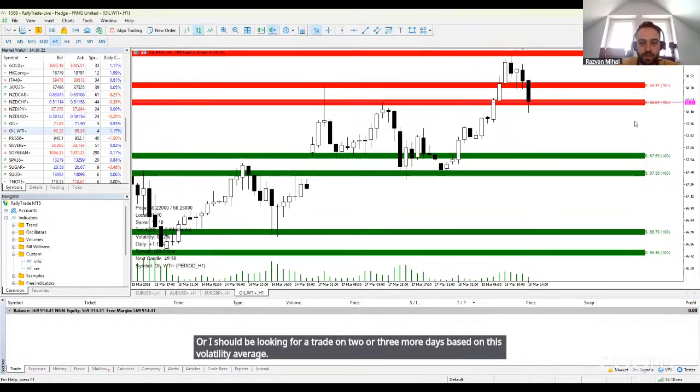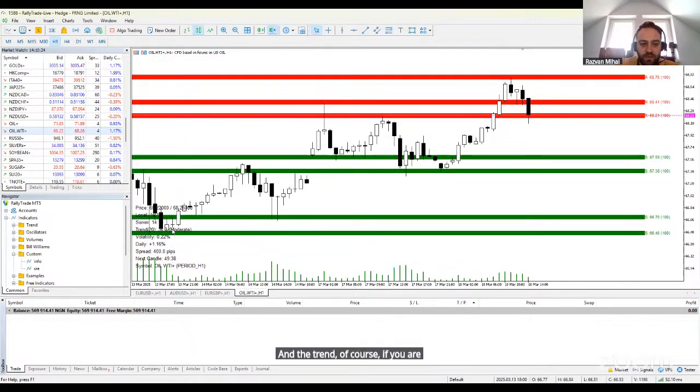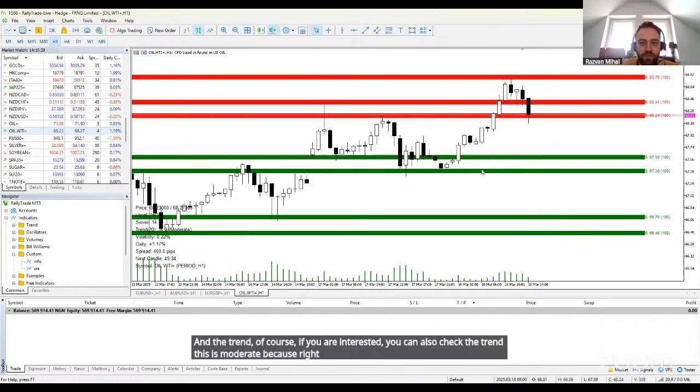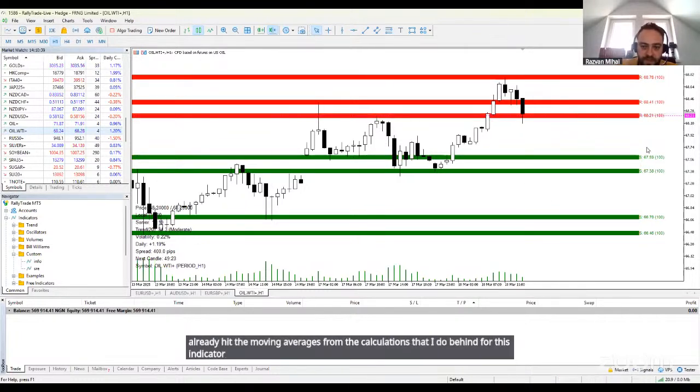And the trend, of course, if you are interested, you can also check the trend. This is moderate because right now we are on a correction move, and this has already hit the moving averages from the calculations that I do behind for this indicator, alongside the support and resistance levels.